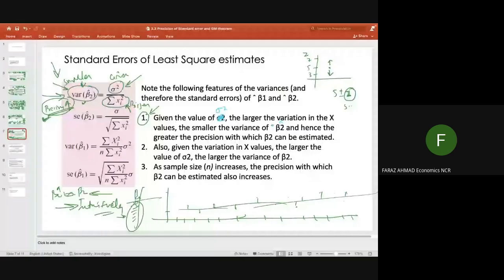So this 2 can be thought of as the standard error of this 5, right? So if this 2 is not 2, suppose it is 5, that means standard error is bigger than before.